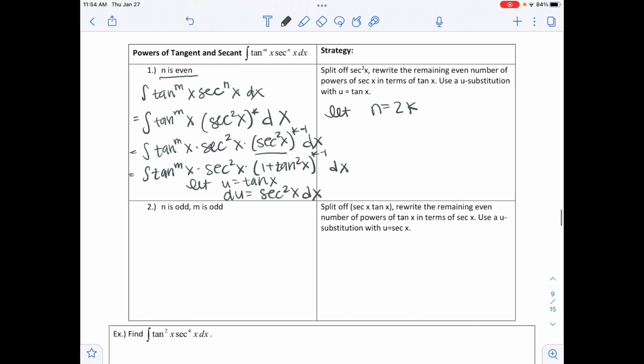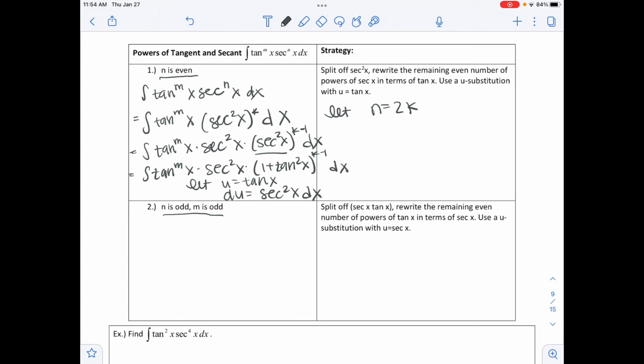The next case is if n is odd and m is odd. So for this case, we're going to split off a secant of x and a tangent of x. Rewrite the remaining even number powers of tangent of x in terms of secant of x. Use the u substitution with u equals secant of x.